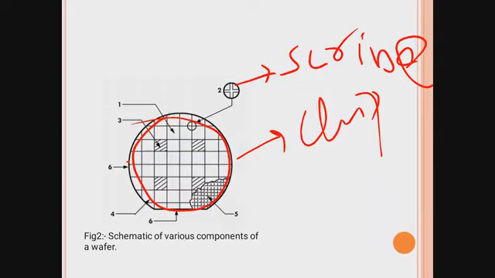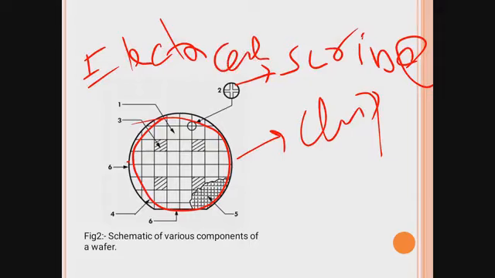Scribe lines can be blank, but most often they consist of testing structures, which are basically known as electrical testing, and the end process is called the quality control process.